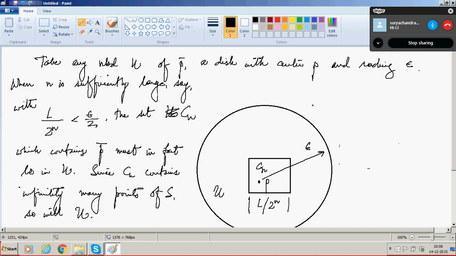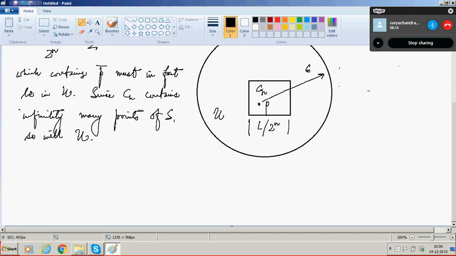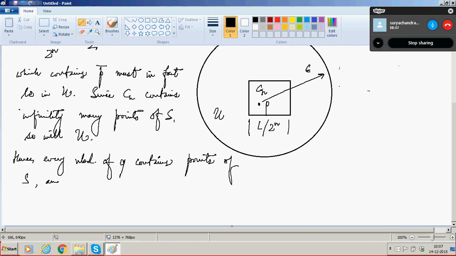So will the neighborhood U. So we have proved, hence, every neighborhood of P contains points of S and P is a cluster point for S. Yeah?